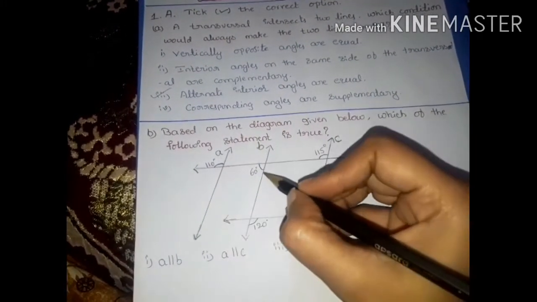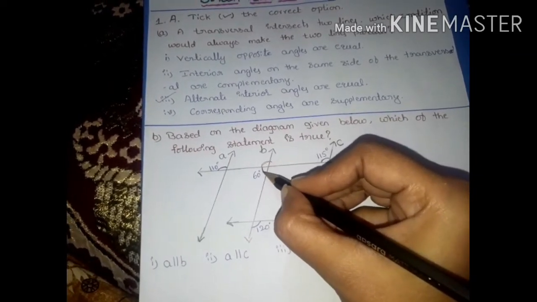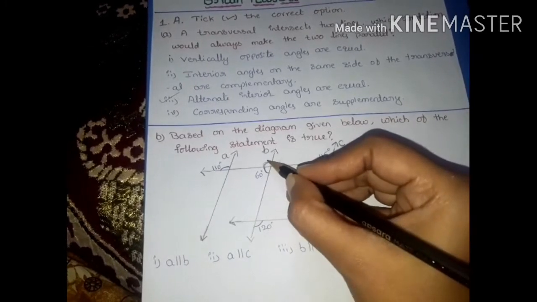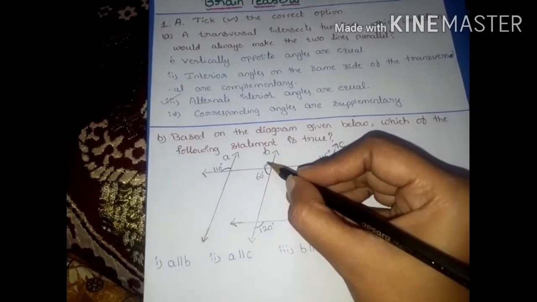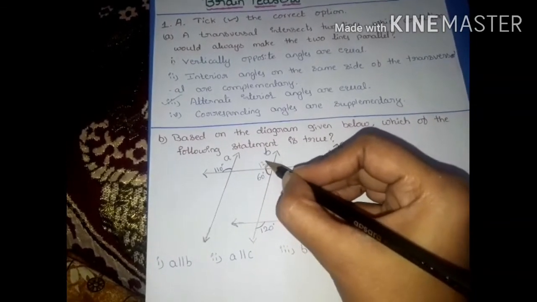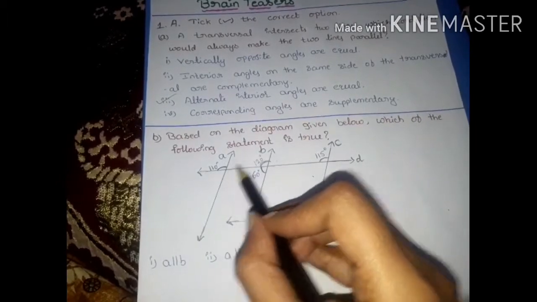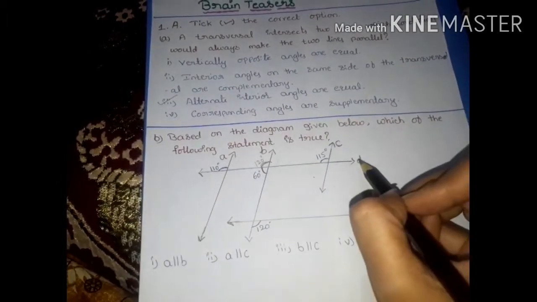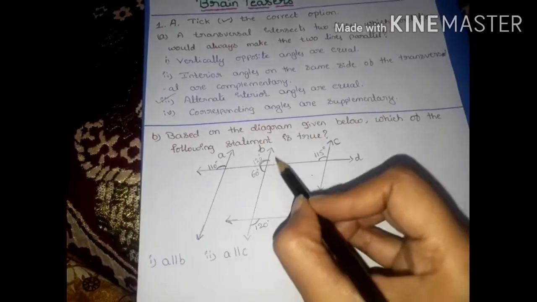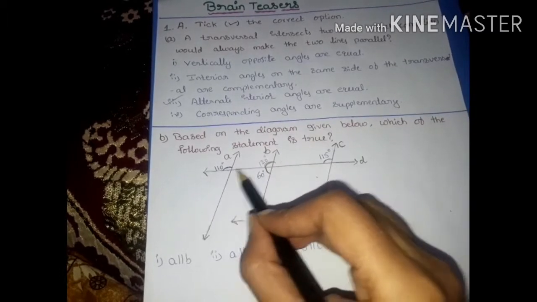Here this is 60 degrees, which makes a linear pair with this angle, nothing but the sum of these two angles equals 180 degrees. Now you can find this angle: 180 minus 60 degrees, you will get 120 degrees. This angle is 120 degrees. When A and B are parallel, D acts as a transversal. These two angles, 110 degrees and 120 degrees, act as corresponding angles.